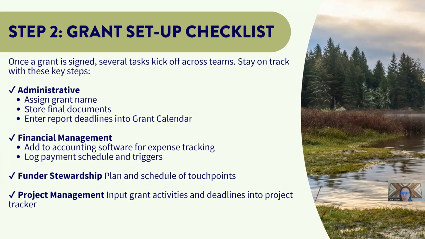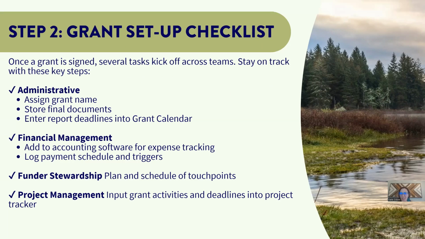So the first is administrative tasks. That includes creating a grant name, and that would likely follow a standard naming convention you have at your organization to keep grants straight and consistent across finance, programs, and fundraising. You'll also want to create a folder for this grant and store final grant docs in it. PDFs are your friend here.